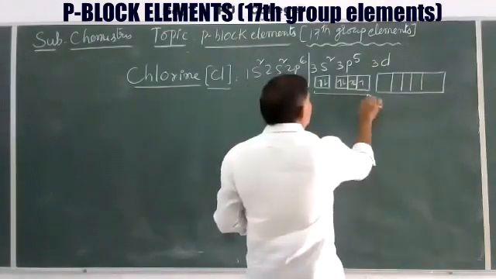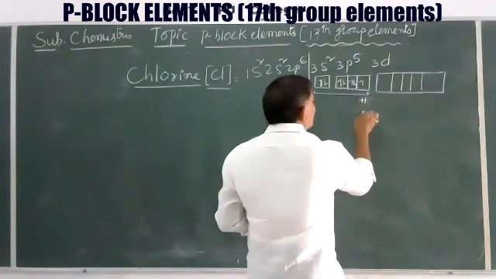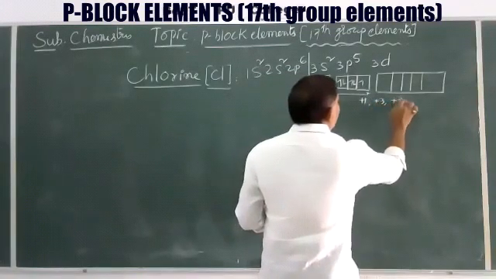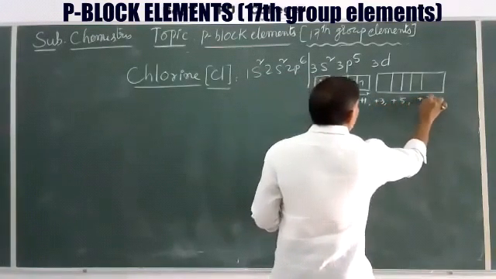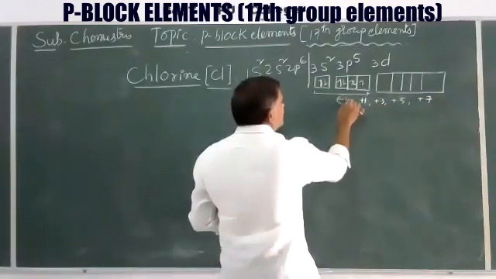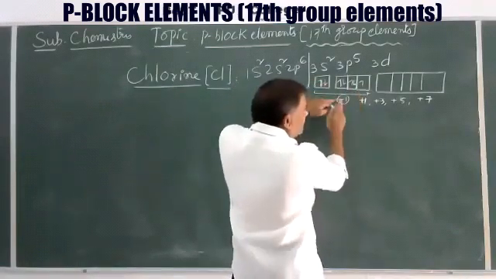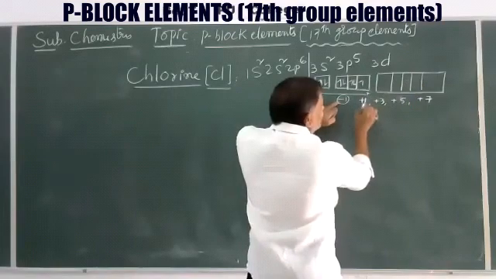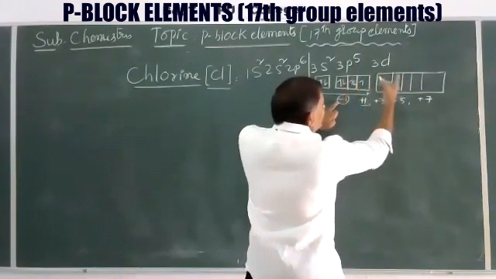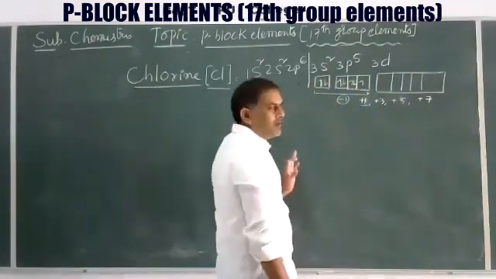So in the ground state, it shows a +1 oxidation state. In the excited state, +3, +5, +7 oxidation states. It also exhibits a -1 oxidation state. So it receives -1, it donates +1. After excitation, +3; second excitation, +5; third excited state, +7 oxidation.